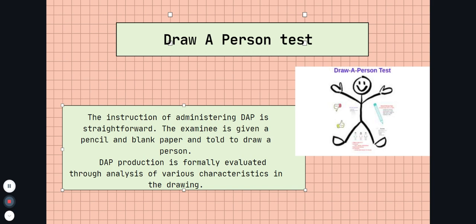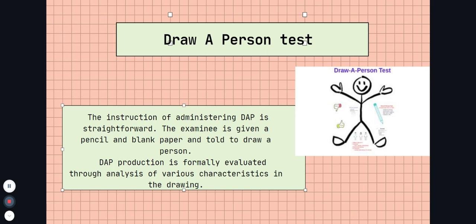DAP production is formally evaluated through analysis of various characteristics of the drawing. Attention has been given to such factors as the length of time used by the assessee, the symmetry, the line quality, the shading, the presence of erasures, facial expressions, posture, clothing, and overall appearance. Various hypotheses have been generated based on these factors.